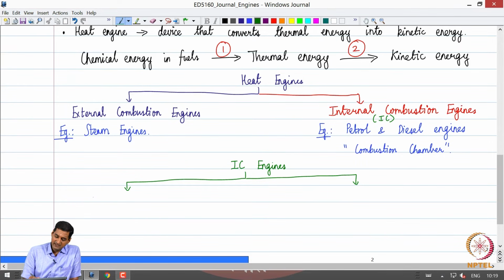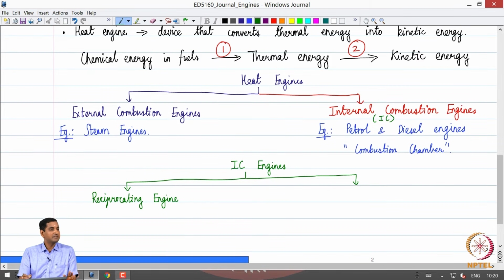If an IC engine uses reciprocating motion to convert the thermal energy into kinetic energy, then it is called a reciprocating engine or a reciprocatory engine. If a rotational motion is used to do this energy conversion, that engine is called a rotary internal combustion engine.